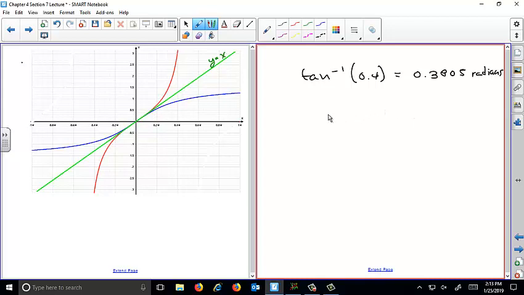If we multiply and divide by pi, we get 0.1211 pi radians.